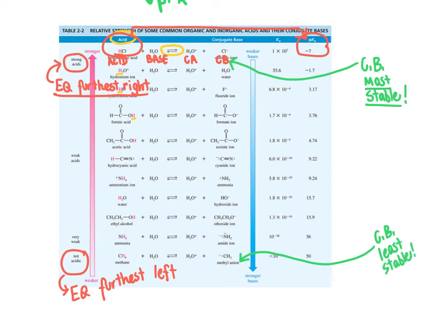So once the acid has lost a proton, if we look down here at the bottom, the CH4, once it lost a proton, became CH3-, and we can assess that that CH3- is extremely unstable because of the fact that it corresponds to a relatively weak acid. On the other hand, Cl- is very, very stable.